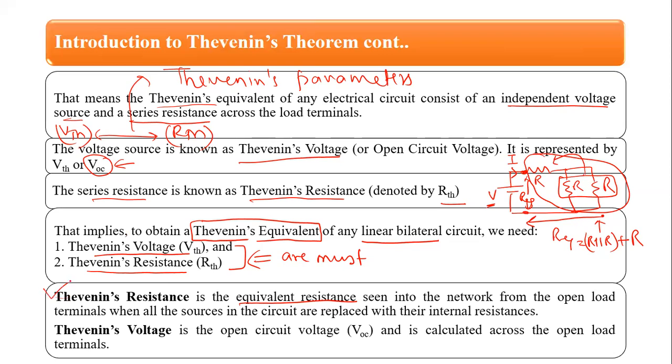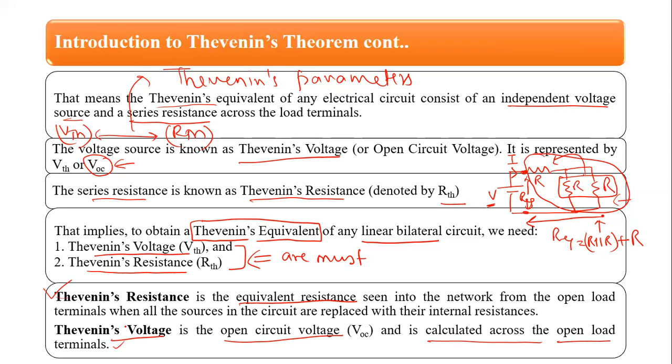But Thevenin's resistance is not measured in this manner. There are certain steps to measure Thevenin's resistance theoretically in the given electrical circuit. Then we have Thevenin's voltage. Thevenin's voltage is nothing but an open circuit voltage, which is calculated across the open load terminals.